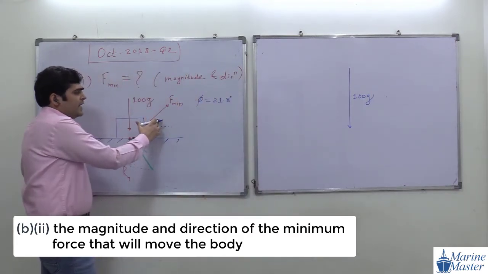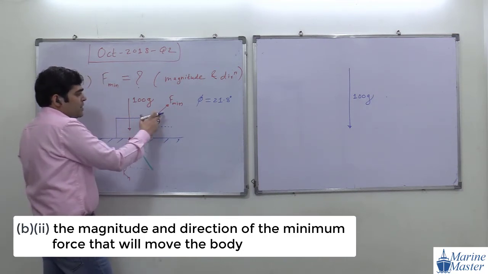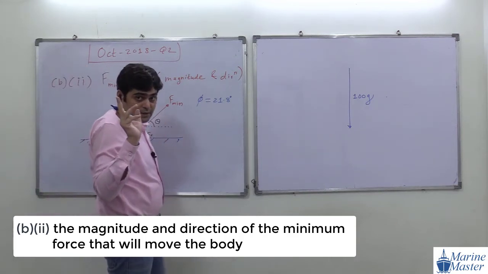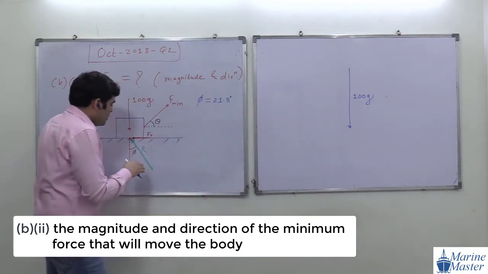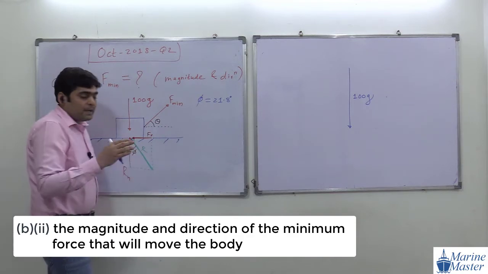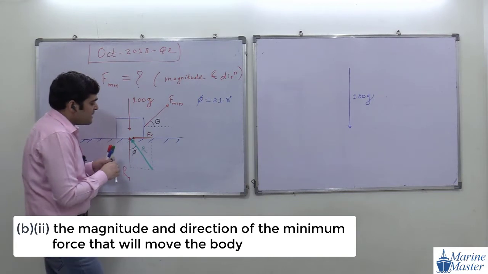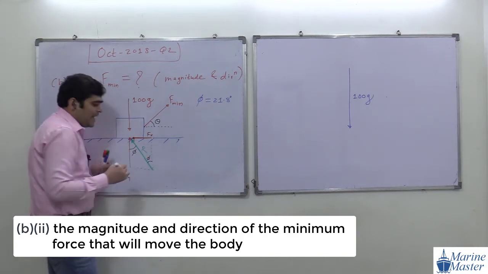Now, F minimum we don't know, and we don't know its direction theta either. So if we don't know F minimum, we also don't know R. But we know the direction of R. How much angle does R make with respect to the vertical here? Phi.